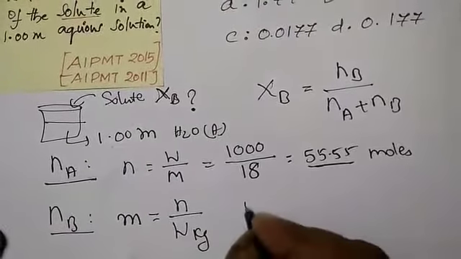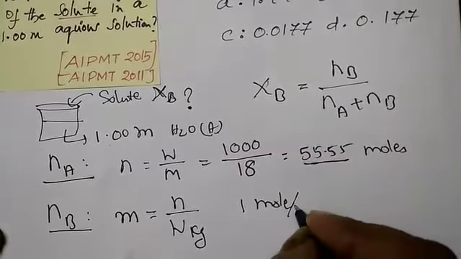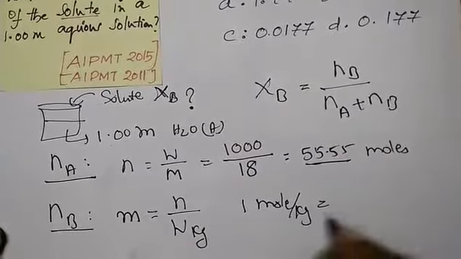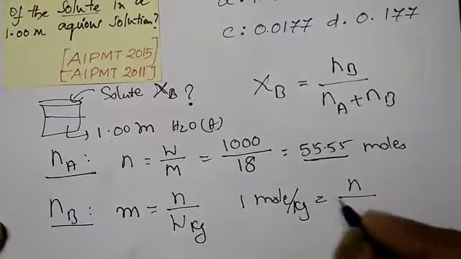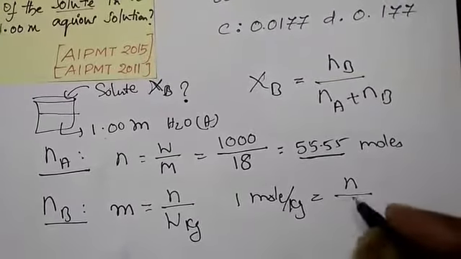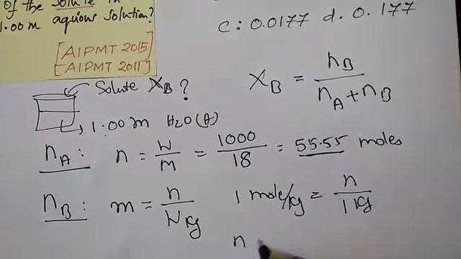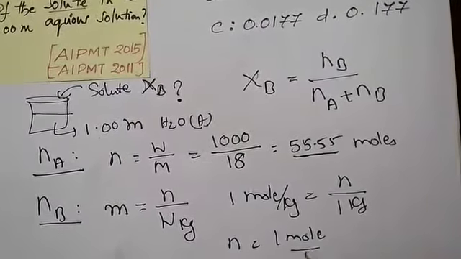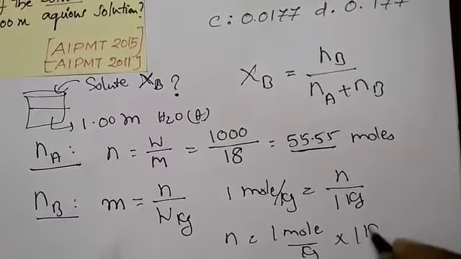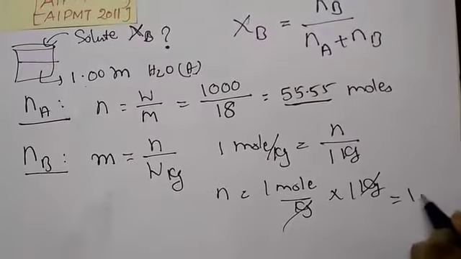Molality is 1, and the unit is mole per kg, equal to the number of moles we have to calculate per 1 kilogram of water. So n is equal to 1 mole per kilogram into 1 kilogram. Kilogram gets cancelled, and your answer is 1 mole.